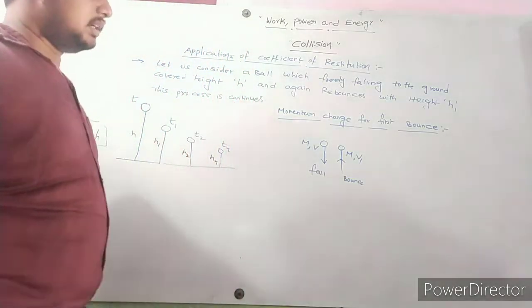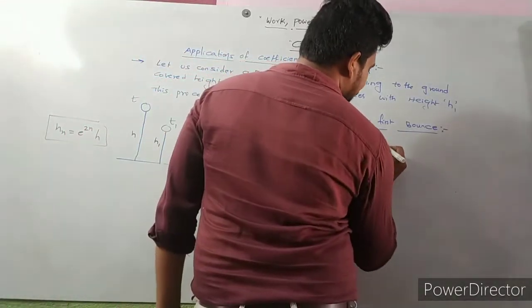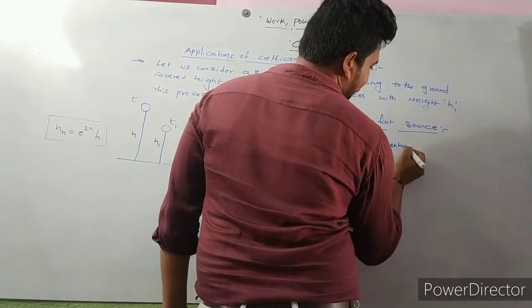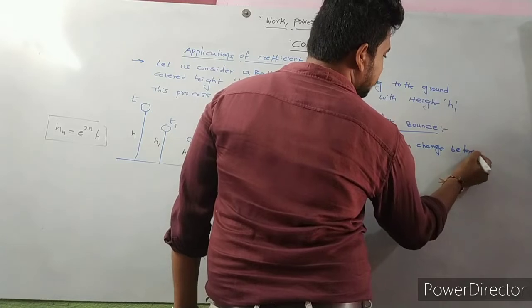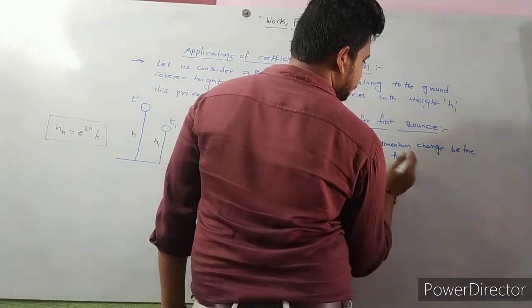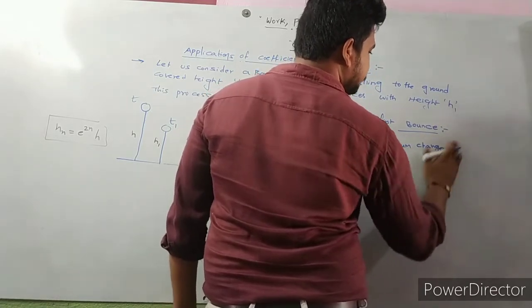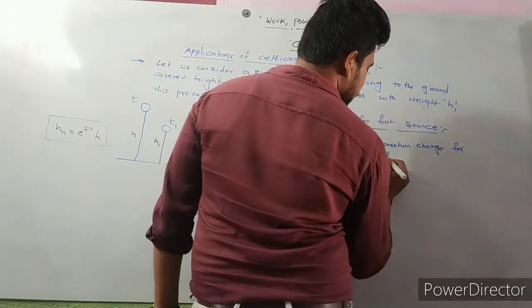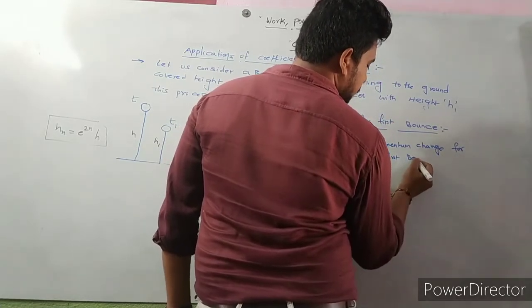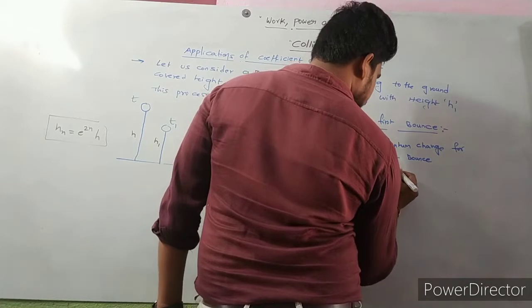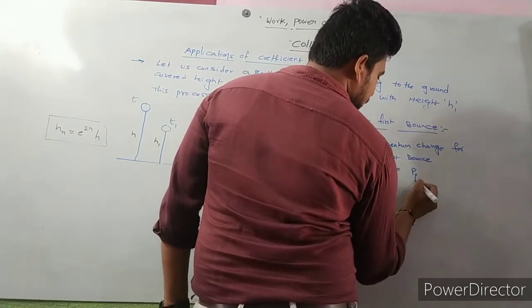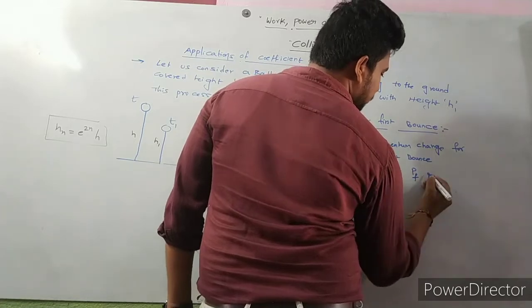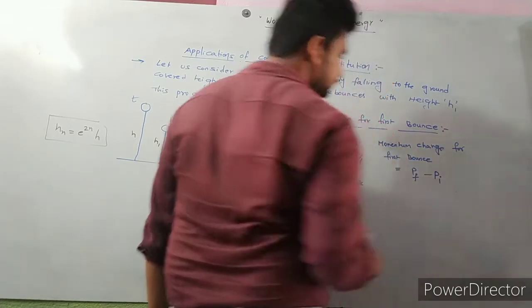So that means here the momentum change for the first bounce is equal to final momentum minus initial momentum.